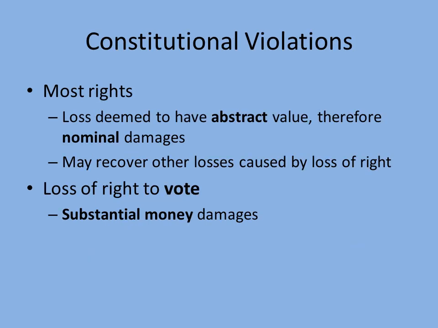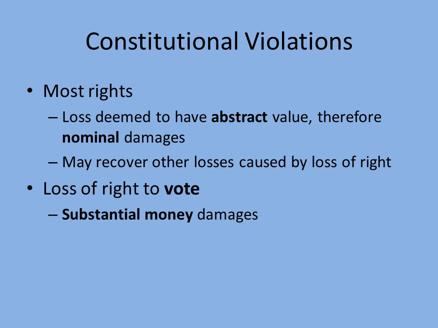Now, constitutional violations. Most constitutional rights are deemed to have an abstract value. So they don't have an easily determined value for damages, and therefore nominal damages, which is a very small amount, just damages in name only, it can be $1, just something, are what are awarded.